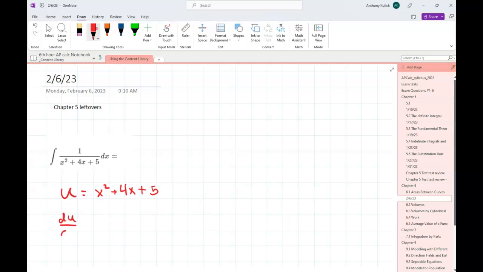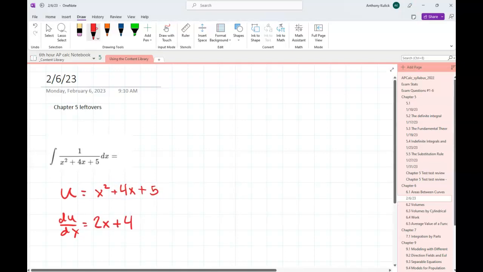So if we do du dx to that, though, that's kind of a problem, right? Look at the leftovers that we have here. I don't have an x in the leftovers. I don't have a plus 4. That plus 4 is really fried my brain as to how to even adjust that.